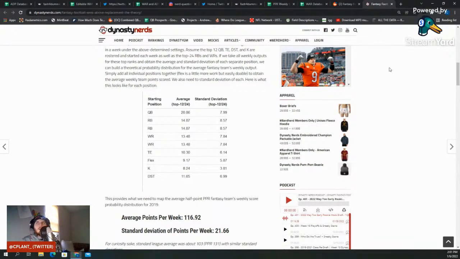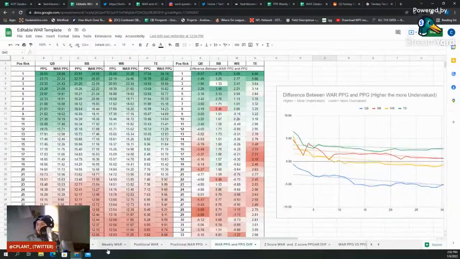With the standard deviation, there's a calculation that would get you the percentage chance that the team with Kamara would beat the average team. So that isolates Kamara's performance against the average team, and that's how it works. So you do that every week. So I can pull up what I've done so far.